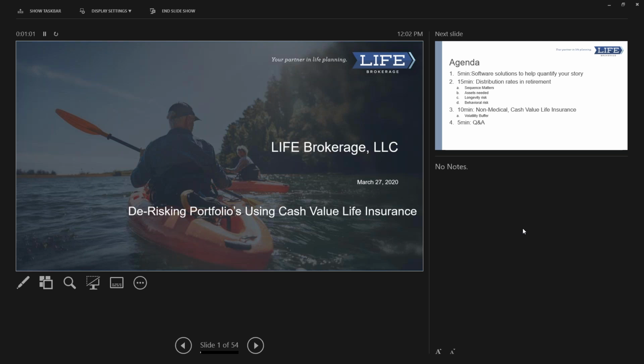So hopefully today we'll give you a strategy. We're going to showcase a software build that we've automated to help you scale this concept in the event it is appealing to you and some of your clients.